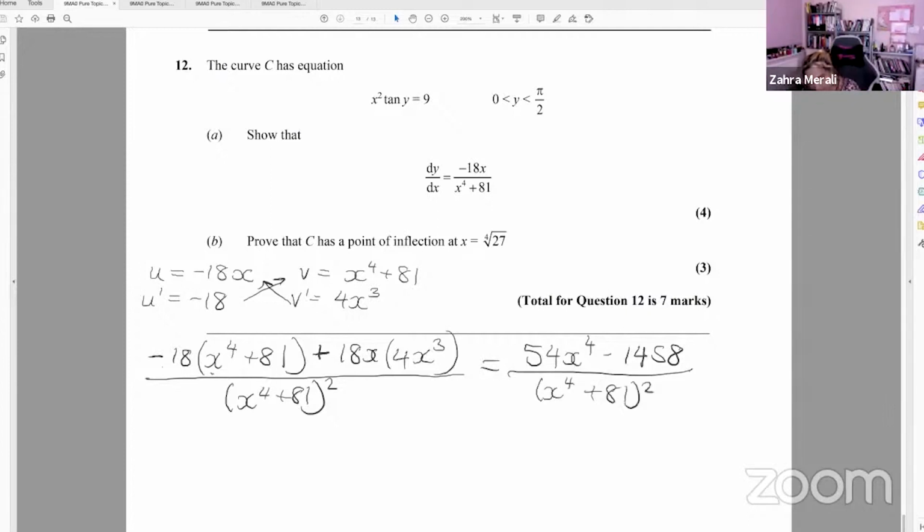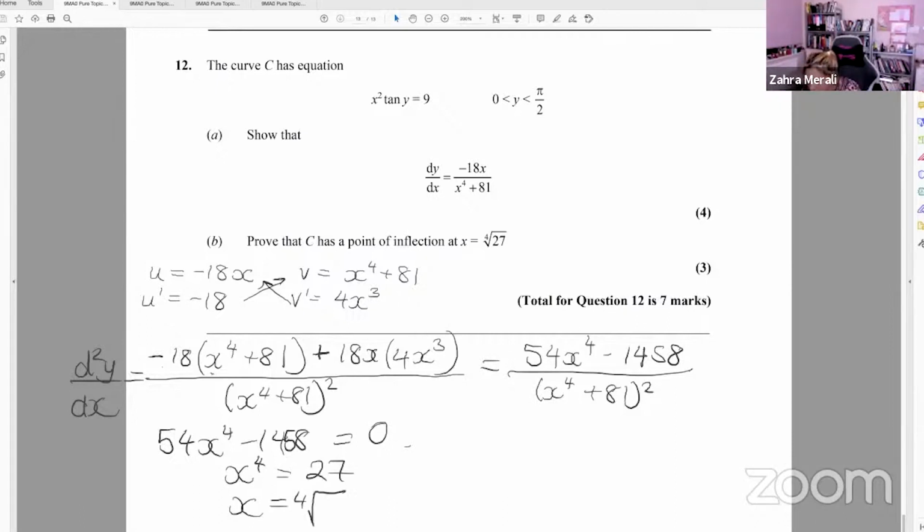So that's my d squared y dx squared. If we make that equal to 0, we'll end up with 54x to the 4 minus 1458 equals 0. So x to the 4 equals 27. So x equals the 4th root of 27.